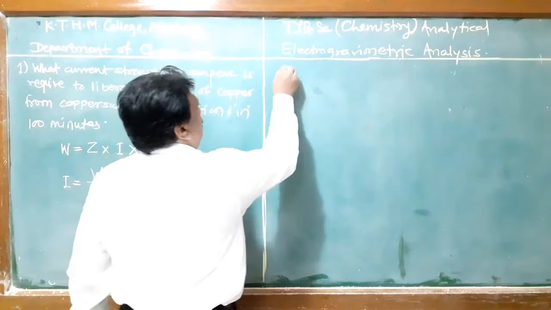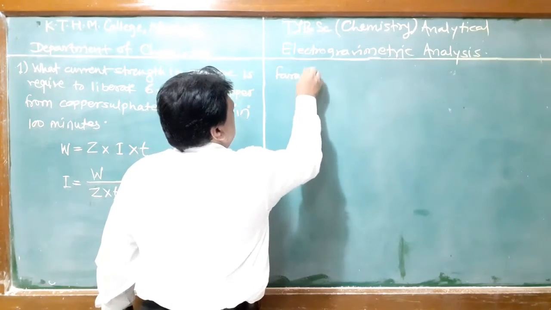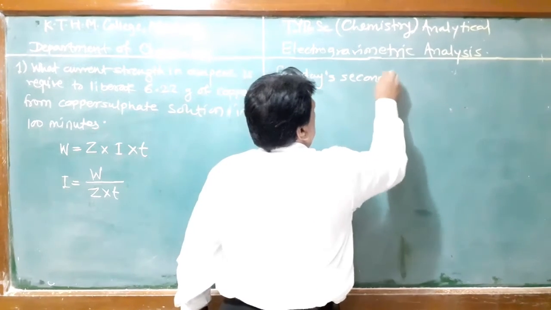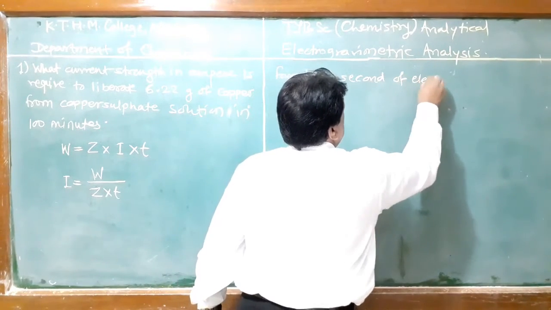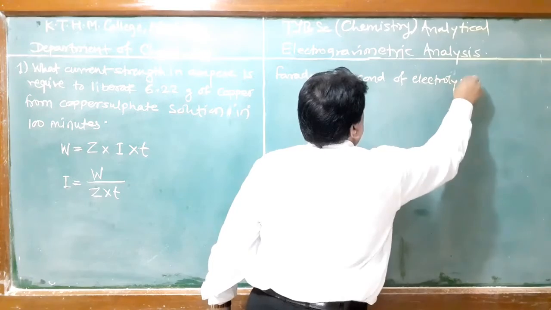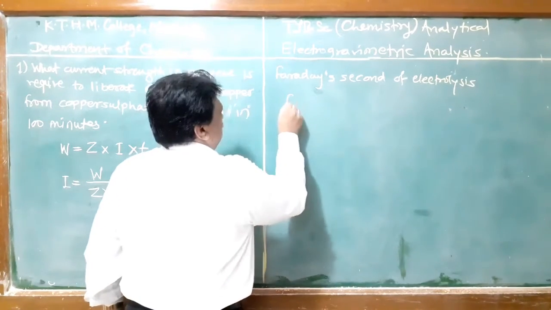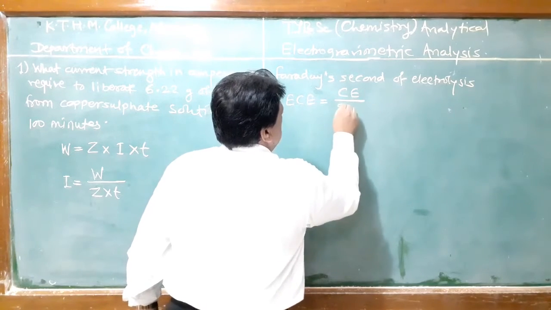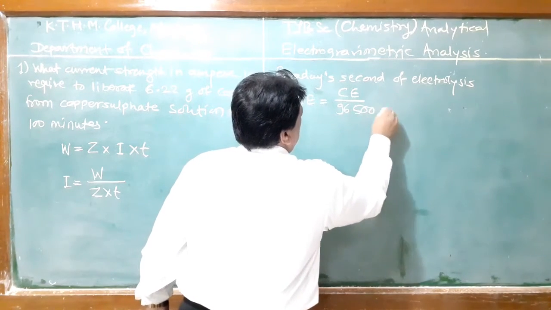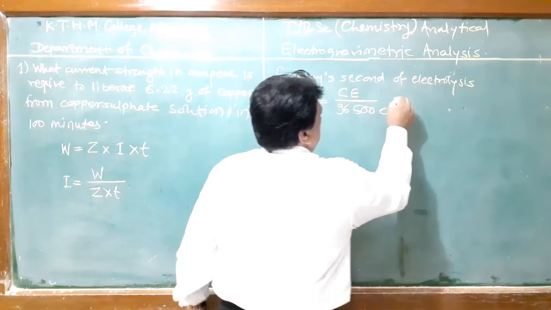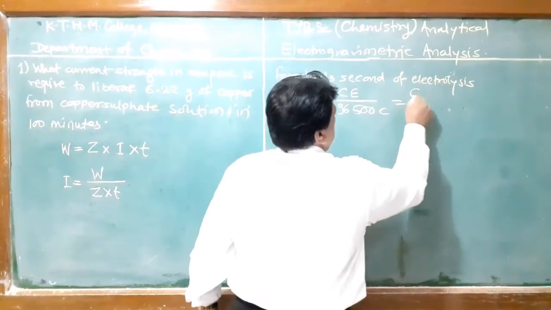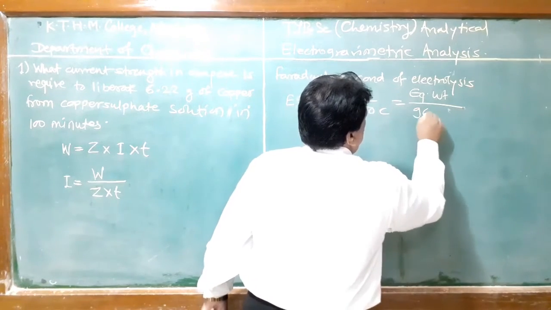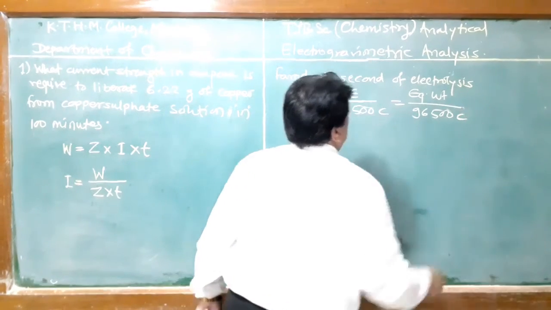Faraday's second law of electrolysis, we know that electrochemical equivalent is equal to chemical equivalent upon 96500 coulomb, which is equal to equivalent weight upon 96500 coulomb.